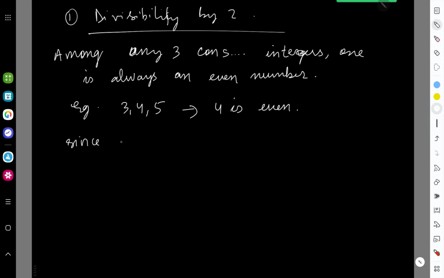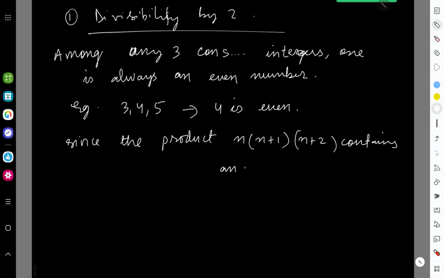Since the product n, n plus 1, n plus 2 contains an even number, it is divisible by 2. We have the proof for divisibility by 2.